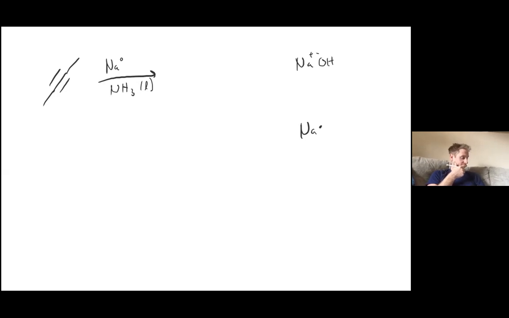So it's going to take that extra electron. This is a bit of a radical mechanism, so we're going to be using half arrows. We're going to pump one extra electron into this system here.